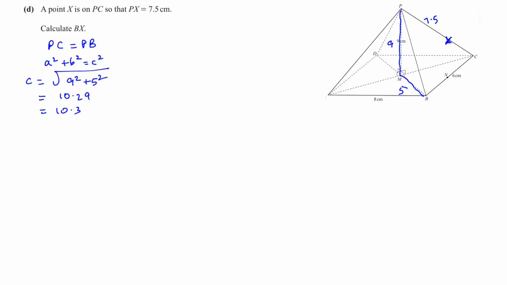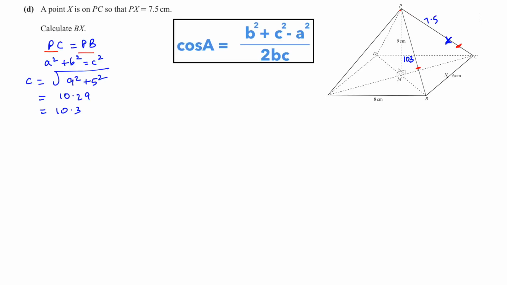Now that we know that PB is 10.3, if you look at the triangle PBC, you will see that we have got 3 sides. We will use the cosine rule to find the angle P. This is the rule we are going to use. If you want to find P, you must have the side BC, the opposite side, after the negative.